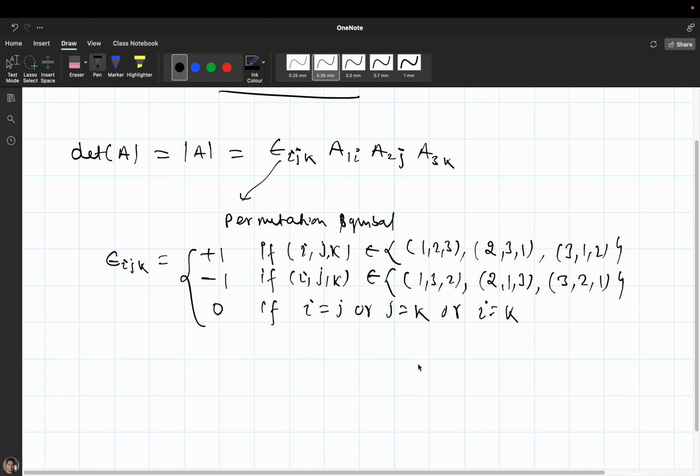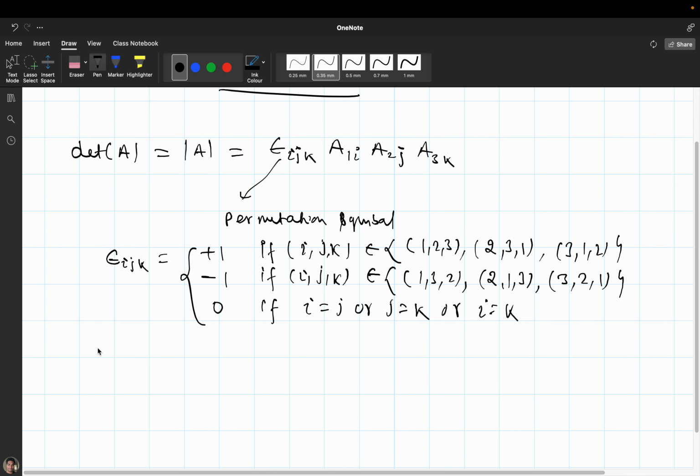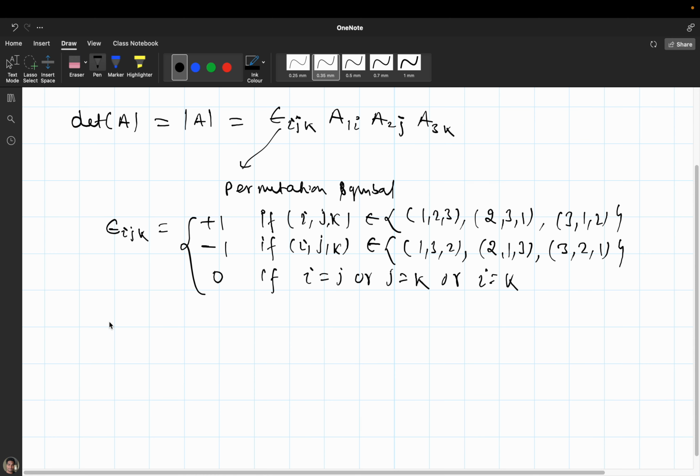Okay, so suppose you have a matrix A such that its elements are like this.